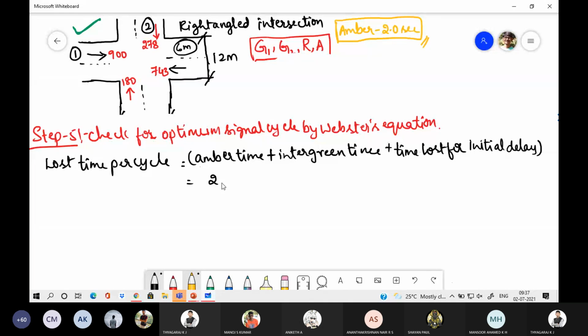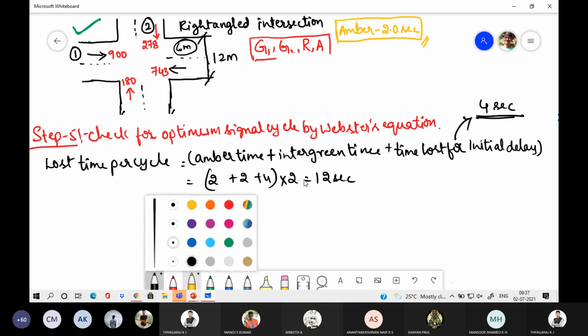So it is 2 plus 2 plus 4 into 2, so you will get 12 seconds. Time lost for initial delay, we are going to consider 4 seconds. This is also an assumption.